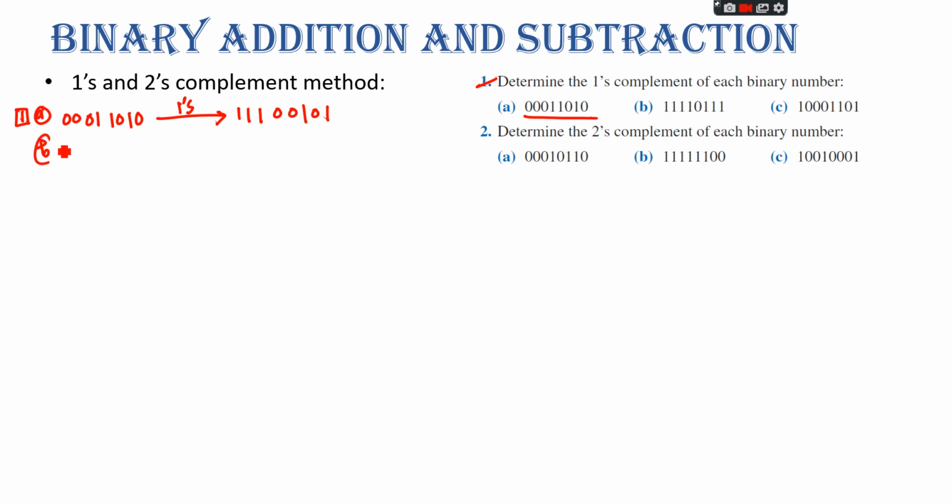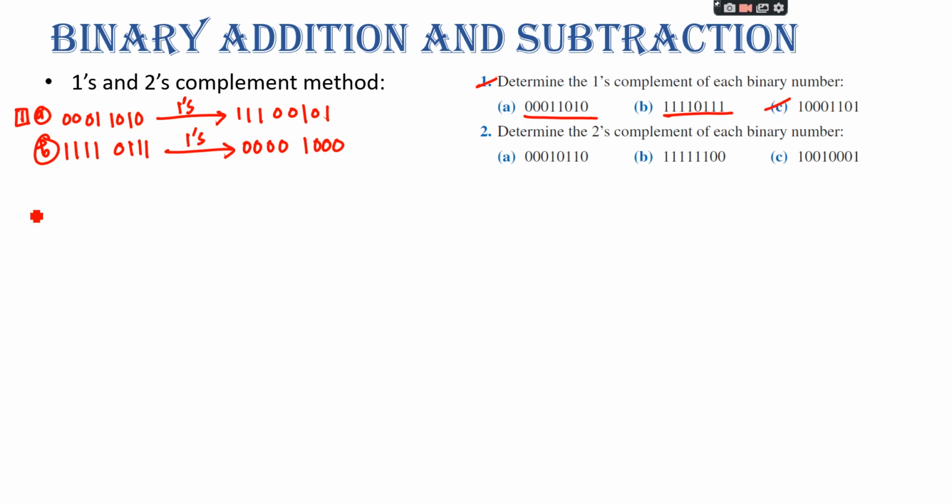Similarly, for number 2, the actual number is this. So 1 1 1 1 0 1 1 1. If I take the ones complement of this number, we'll get 0 0 0 0 1 0 0 0. That will be the ones complement of this number.